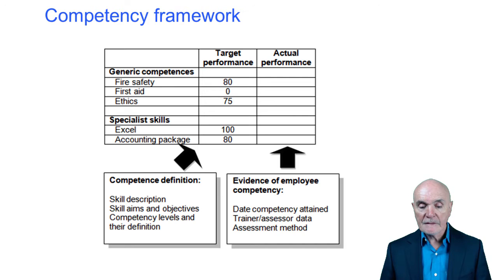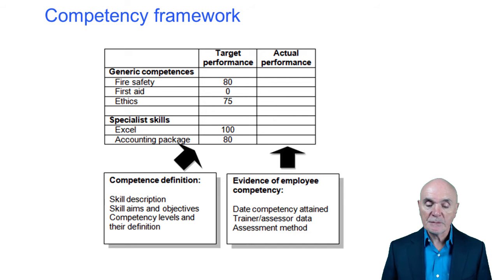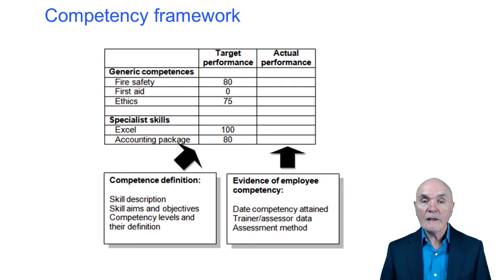So what we put in there is the skill description, the aims and objectives, and the competency levels and maybe how that can be measured. And then we put in evidence of employee competence. It could be self-assessed, it could be your manager, it could be the recruiter, and the date, signed off and so on.